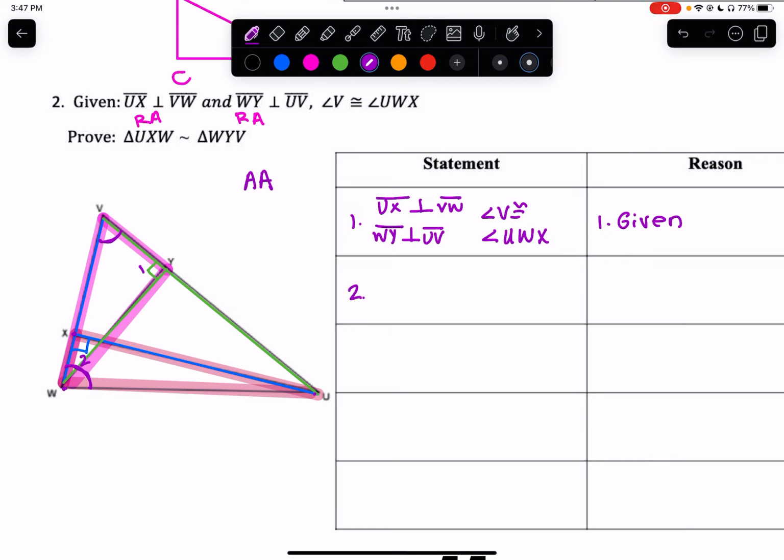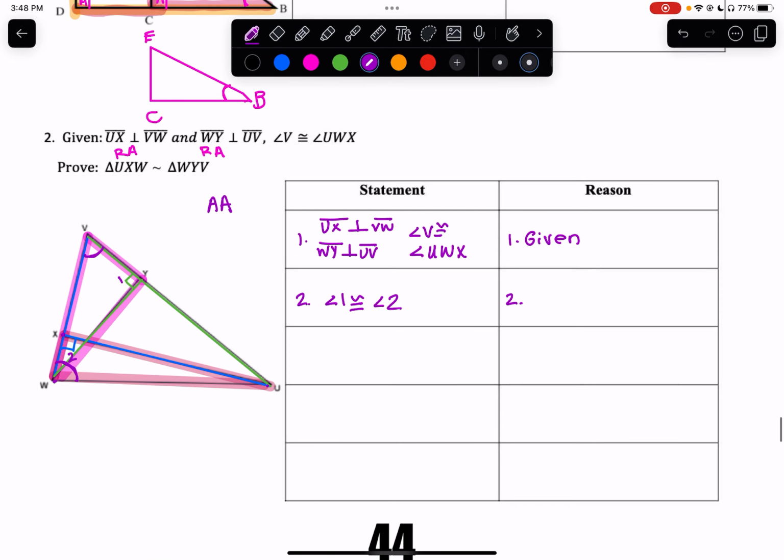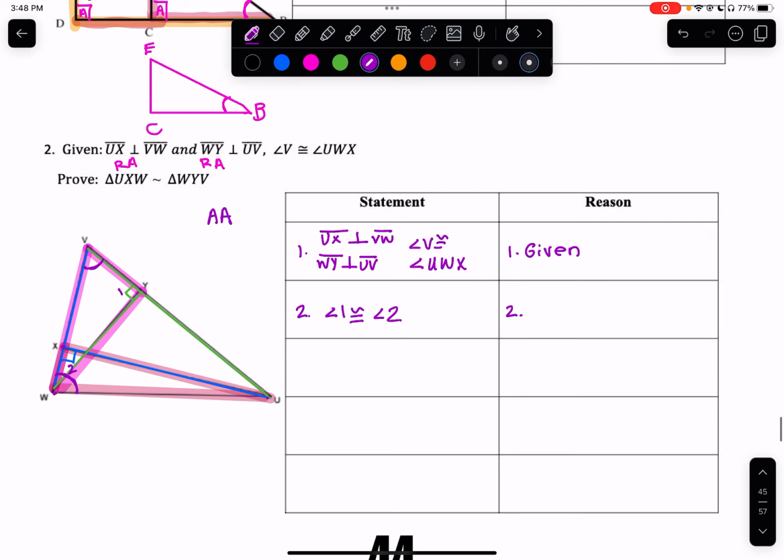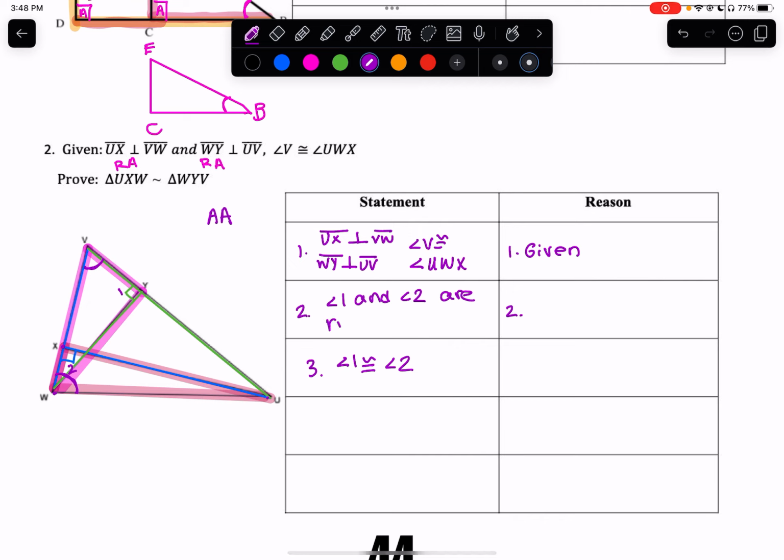Now I have my right angles labeled as angles 1 and 2, so I can say that angle 1 is congruent to angle 2. And again, if you go straight to this step, you have to write out your entire statement. If I wanted to write this with two statements, you would first state that angle 1 and angle 2 are right angles. Reason: perpendicular lines form right angles.